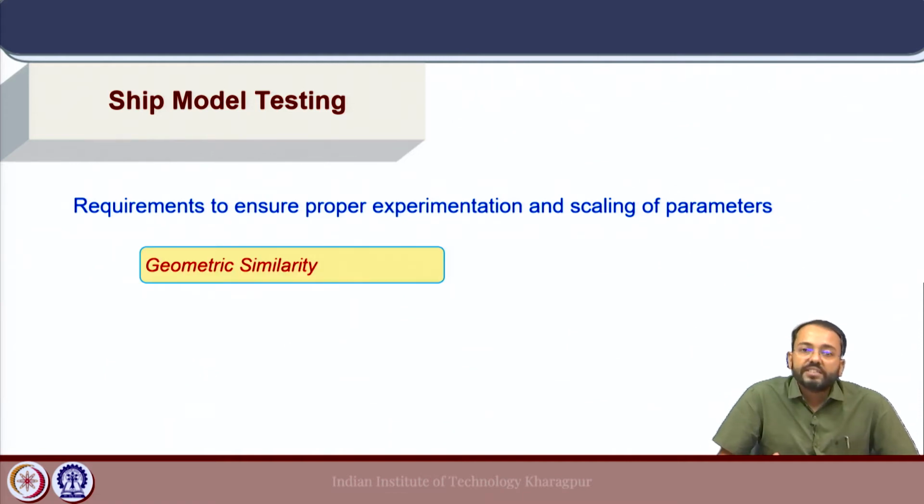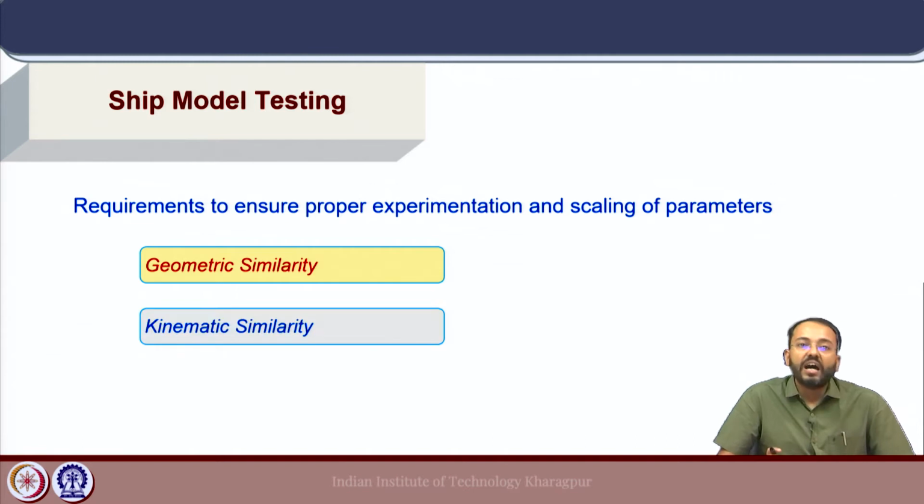So, the requirements that are important for experimentation and scaling of the parameters between the full scale and model scale are the similarity conditions that we have already discussed: the geometric similarity, which ensures that the model ship or the propeller is of a similar geometry, so that all the dimensions are scaled in a similar way.